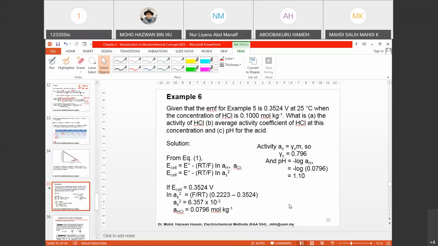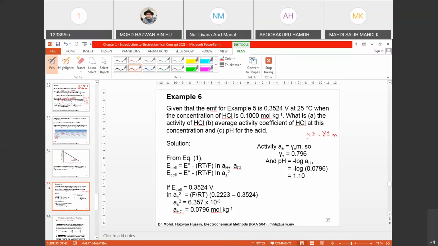All right. Next, question B, the average activity coefficient. Since you know that activity a plus minus is equal to gamma plus minus m, so gamma plus minus will be equal to this. This one is a simple calculation, but I didn't show it. So a plus minus equals gamma plus minus m.